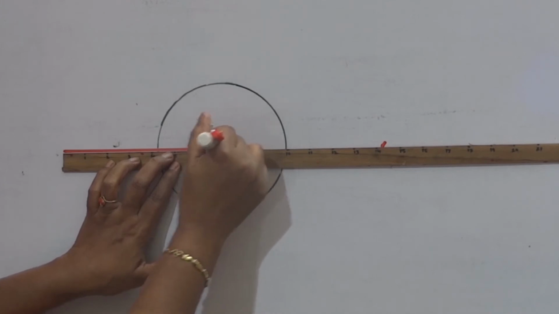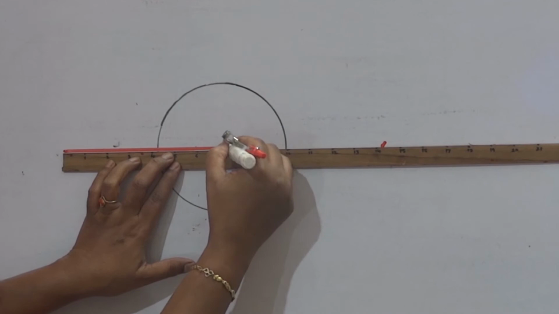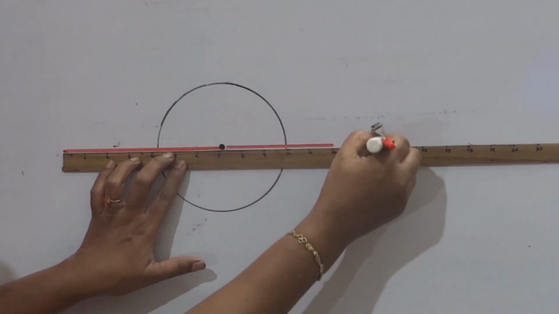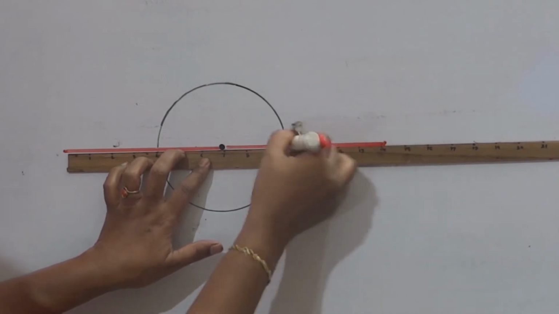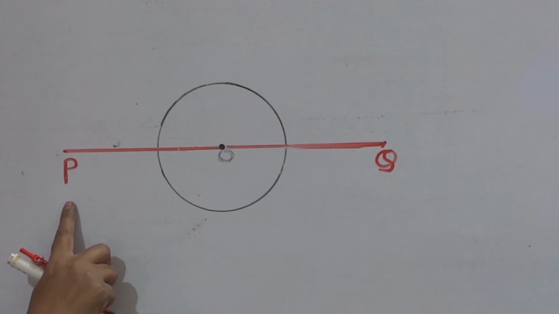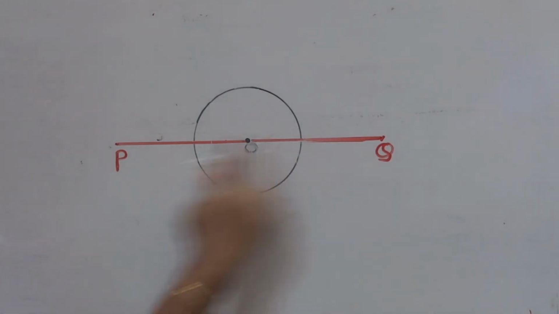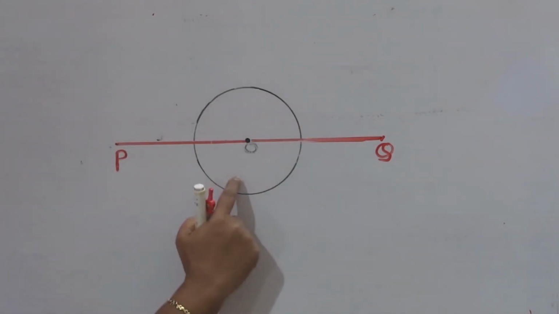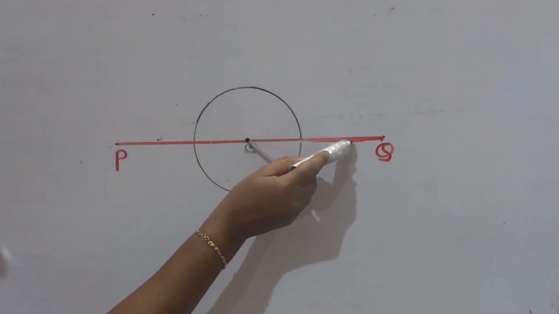Now we will make the line segment between the point at 7 centimeter and the center. These 2 points are our points away from the center. Now our work is to draw 2 tangents from point P to this circle and from point Q to this circle. We have to find out the midpoint.